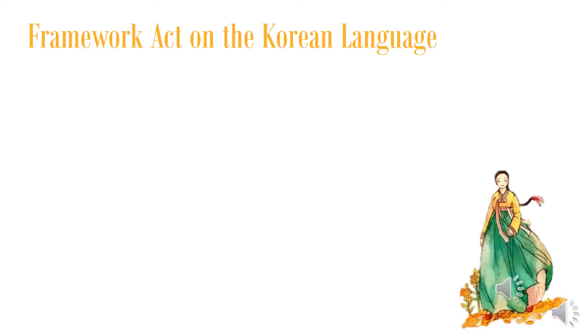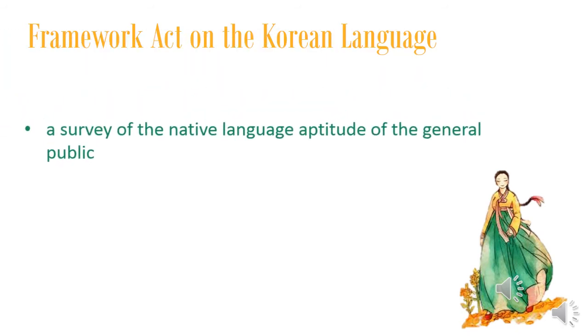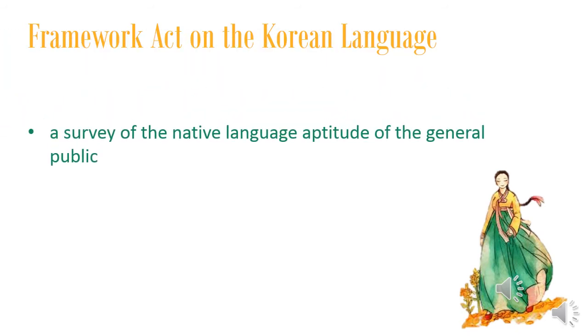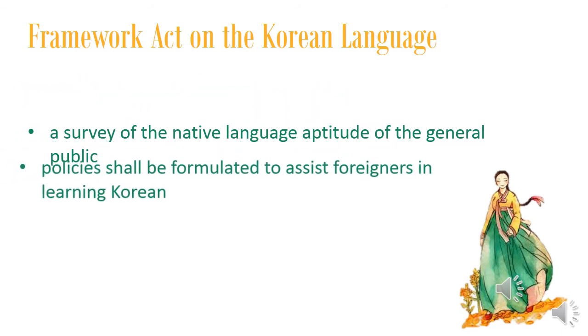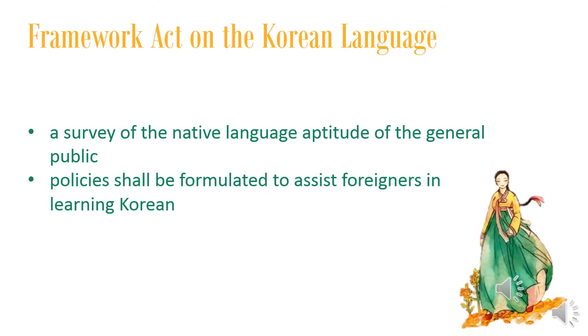So, two of the major implications of the Framework Act on the Korean Language is that it stipulates a survey of the native language aptitude of the general public, and it will be conducted on a regular basis. This is done so that they will know if there are illiterate people, and so they would be able to amend the situation. The second one is that it prescribes that policies shall be formulated to assist foreigners in learning Korean.